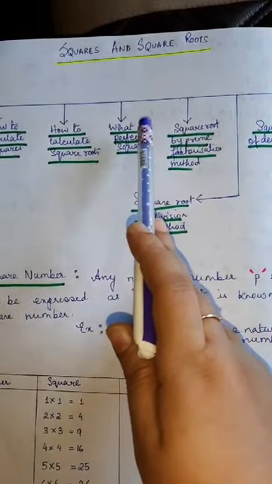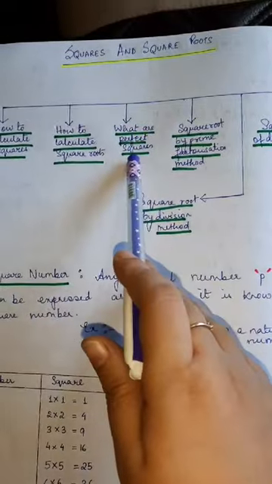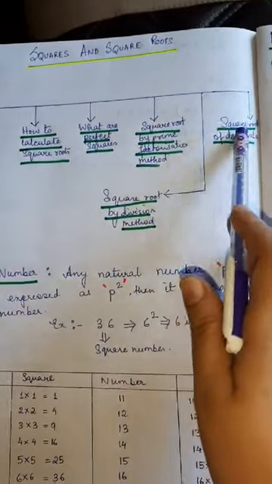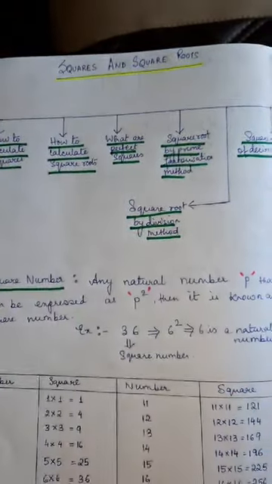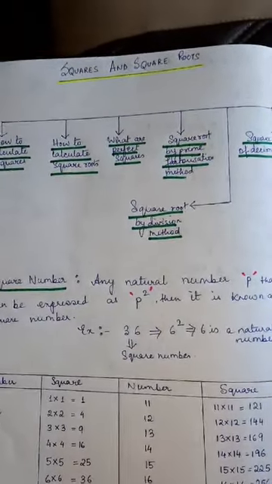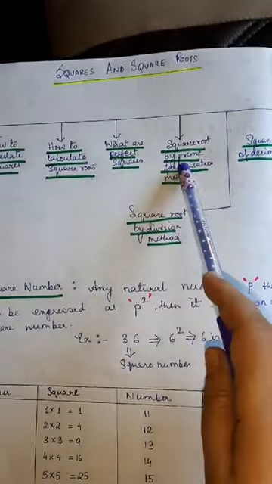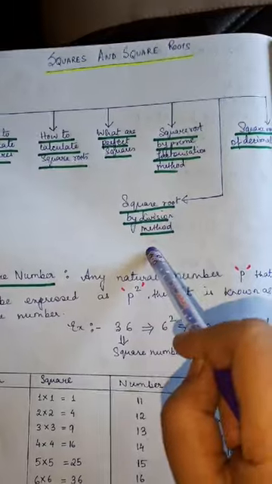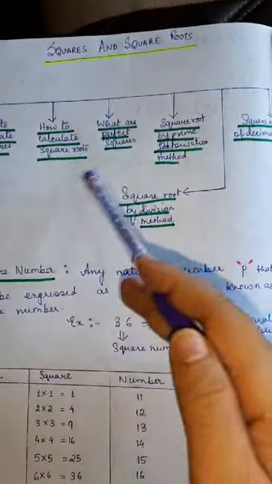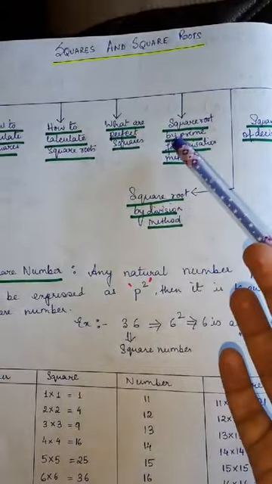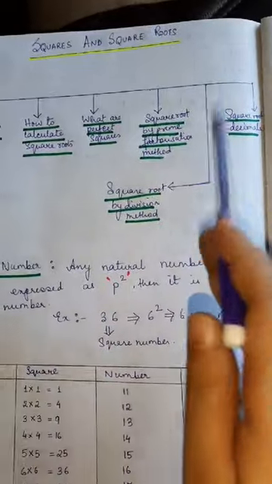Then we shall learn what perfect squares are, whether a number is a perfect square or not and how to find out perfect squares, and square roots of decimal numbers.